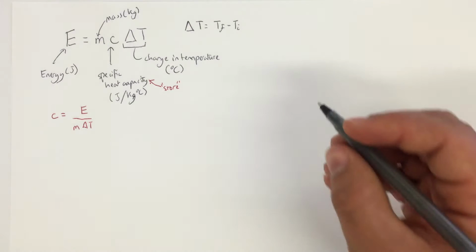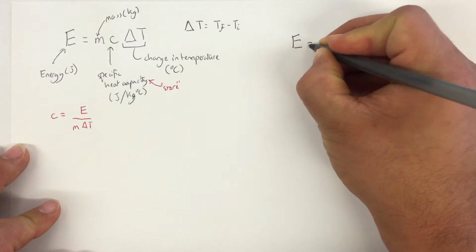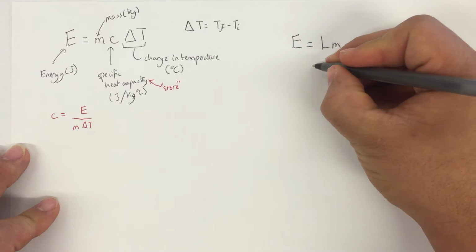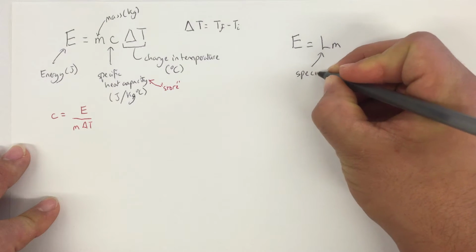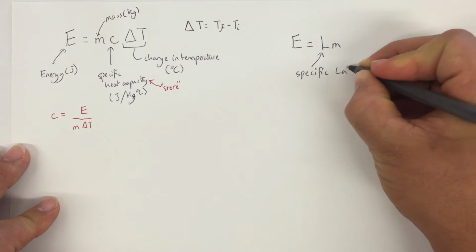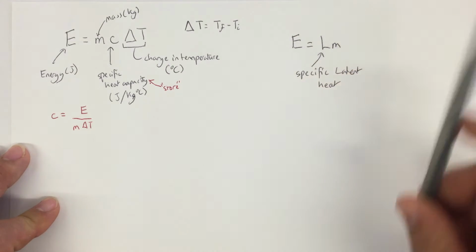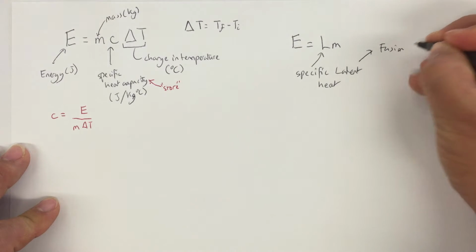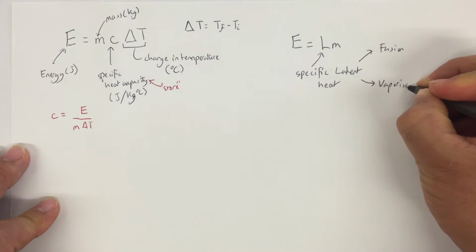The second equation, which is very similar, is also about energy, but this time it's specific latent heat. So E and M are the same thing, but L this time is specific latent heat, and there are two types of latent heat. The first is latent heat of fusion, and the second is latent heat of vaporization.